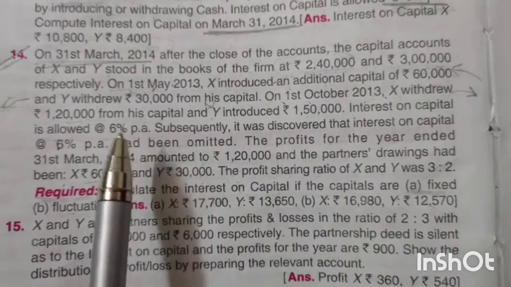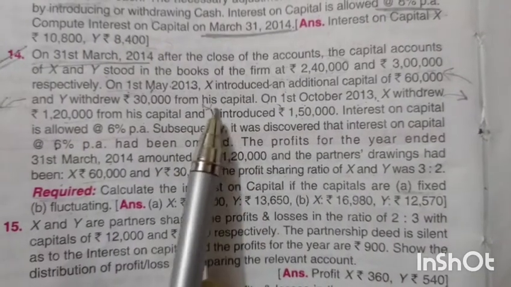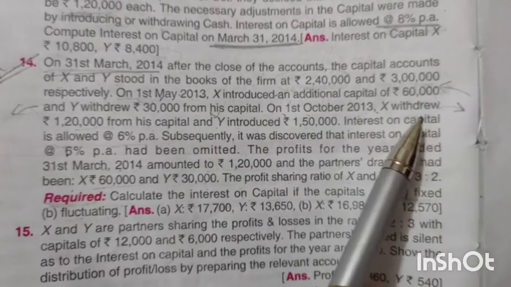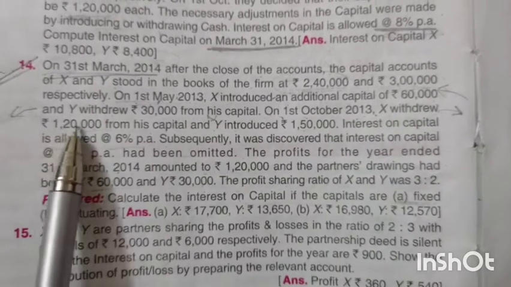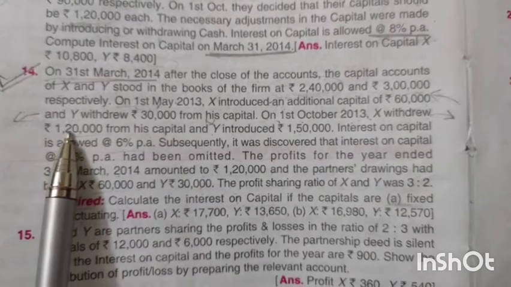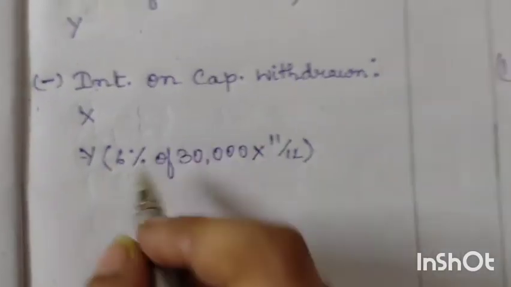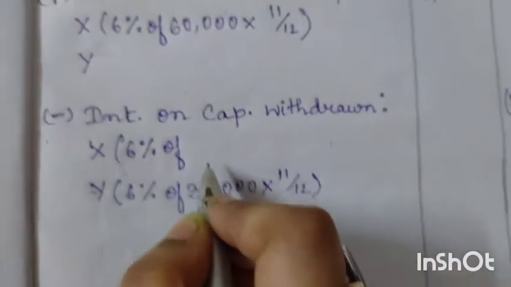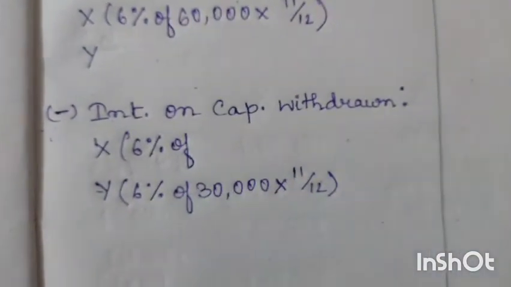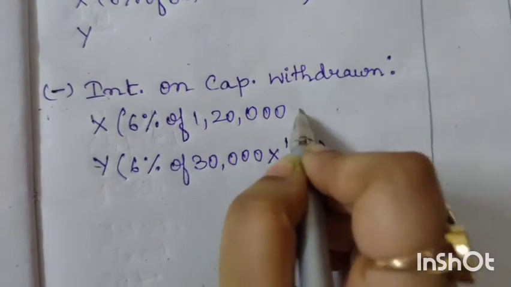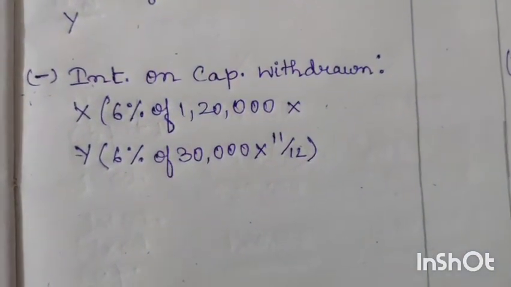Now again back to the question. On 1st October 2013, X withdrew. Now in the same date, X withdrew 1,20,000, means taken out money from his capital, 1,20,000. Okay, so here interest on capital withdrawn for X we will write 6% of 1,20,000, and when he has withdrawn on 1st October.